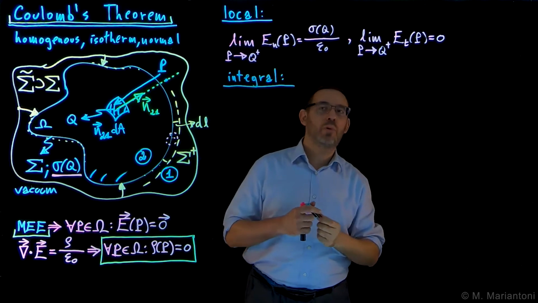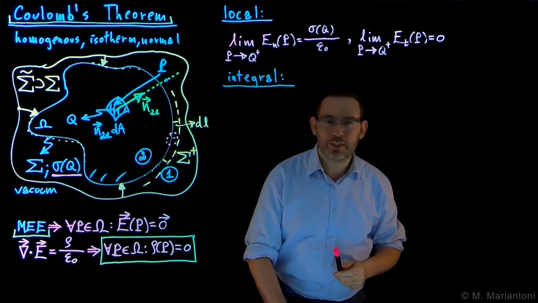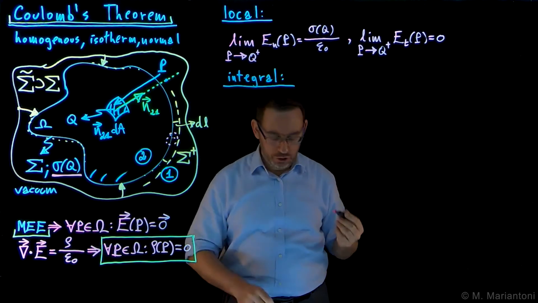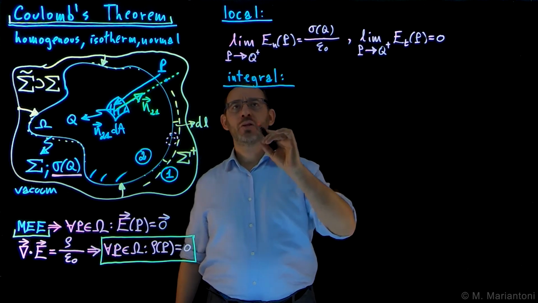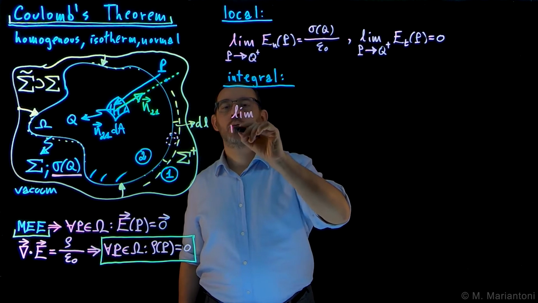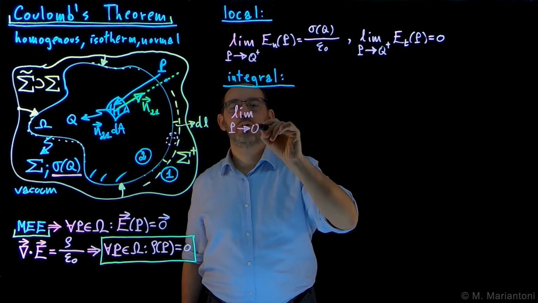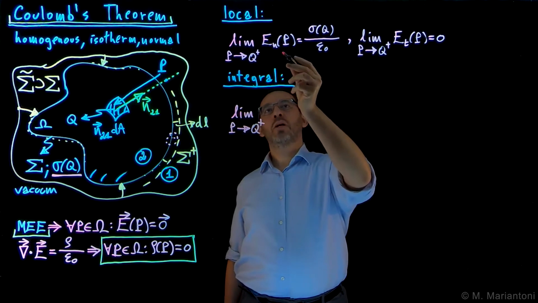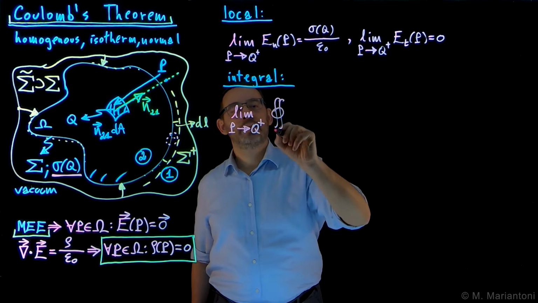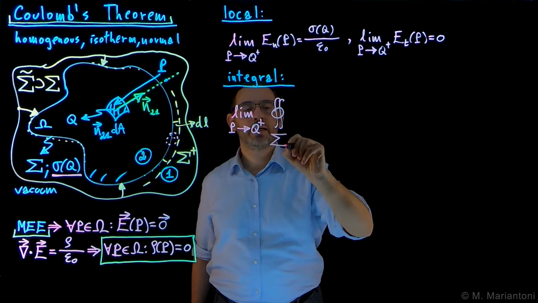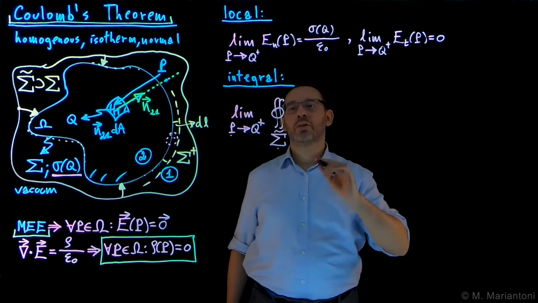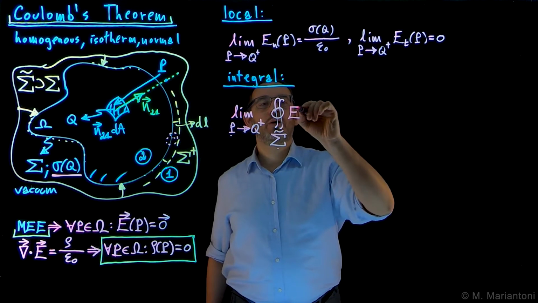And here you just need to be careful about the notation which I'm about to introduce, which is a simplified notation. People usually have problems with that, so let's try to be careful to understand what I'm doing. So in general, if we take the first case, here we want to write down the limit for capital P, which goes to capital Q from the outside, of the normal components of E, of the integral on the entire surface, capital sigma tilde, where point P resides, in the limit approaching, of course, capital sigma, of the normal component.